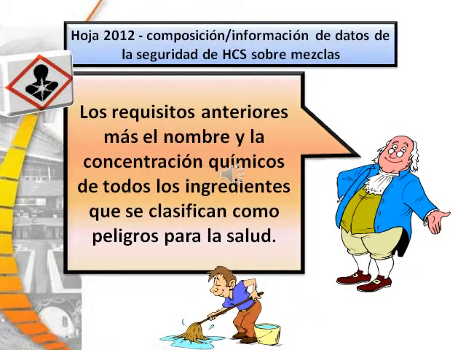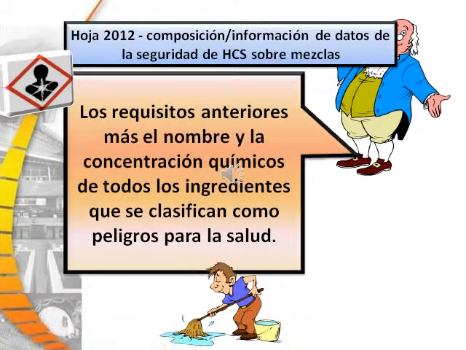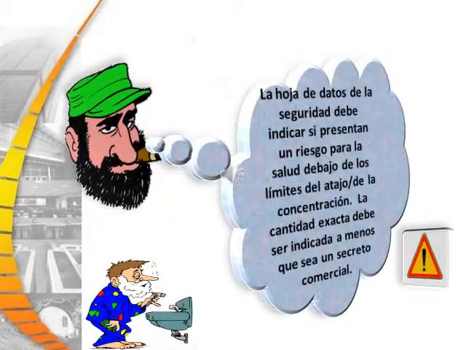The previous requirements, plus a chemical name and the concentration of all ingredients which are classified as health hazards, should be in a composite information on mixtures section. The safety data sheet must state that they present a health risk below the cutoff or concentration limit.